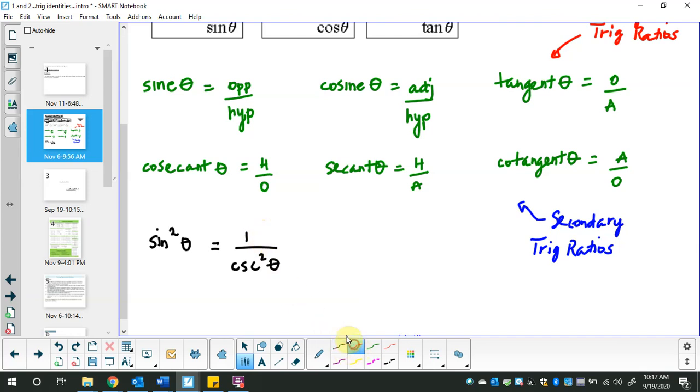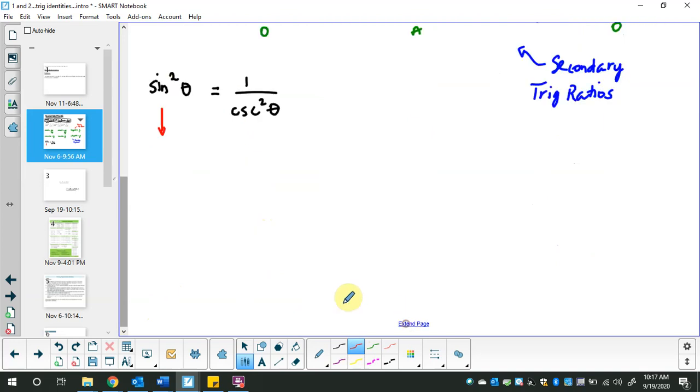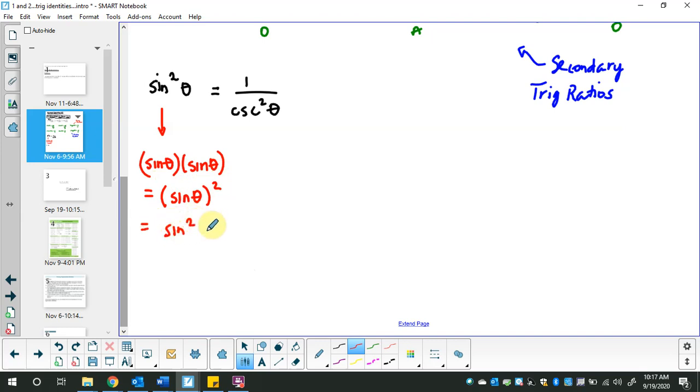If you have forgotten or never knew, sine squared is like this, and I guess technically it should be abbreviated to that, but somebody decided to abbreviate an abbreviation and write it like that.